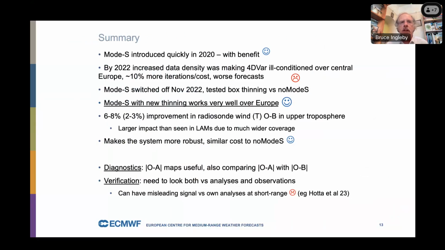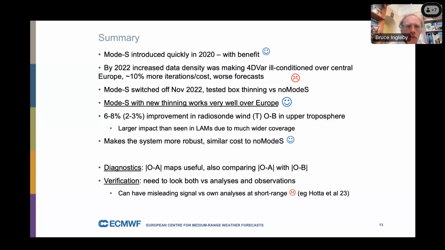So the summary is that Mode S was introduced quickly in 2020 with benefit. By 2022, the increased data density was making 4D-Var ill-conditioned over Central Europe, with more iterations and cost, and worse forecasts.